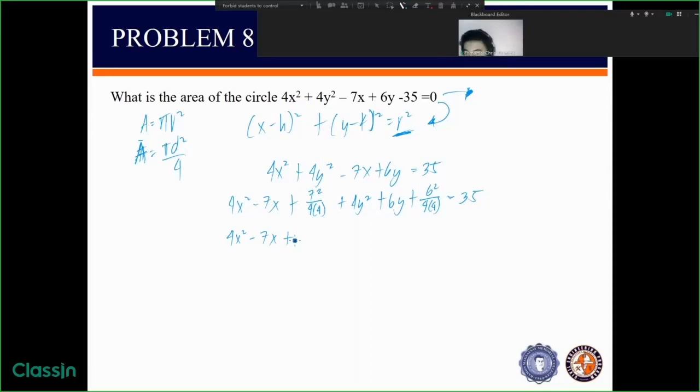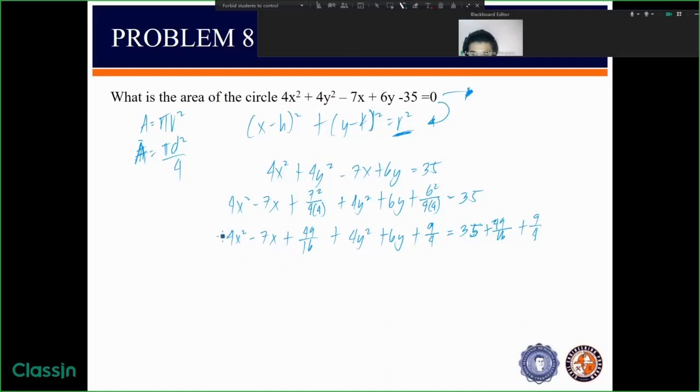So, I have 49 over 16 plus 4y squared plus 6y plus you have 6 squared over 16. 4 times 4 is 16. So you have 9 over 4 equal to 35. Kung anong dinagdag mo sa kabilang side, idadagdag mo din sa isang side. So you have 49 over 16 plus 9 over 4.